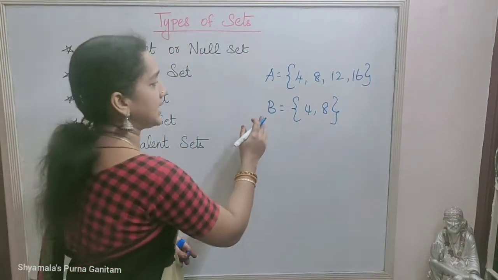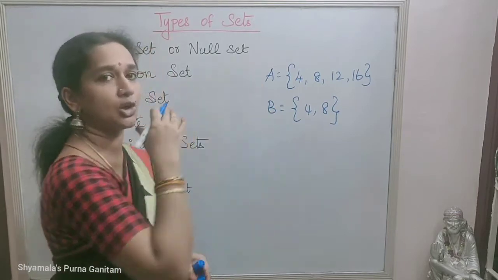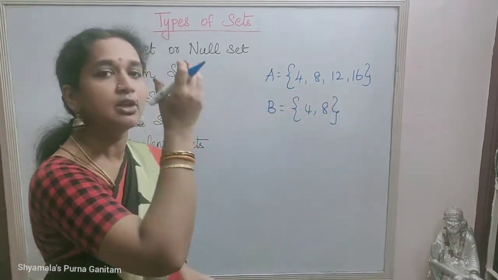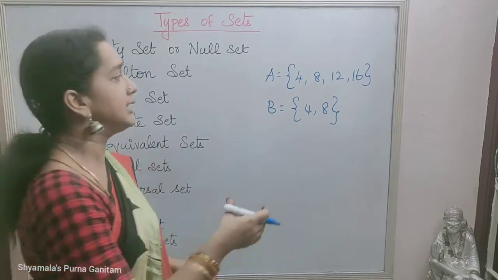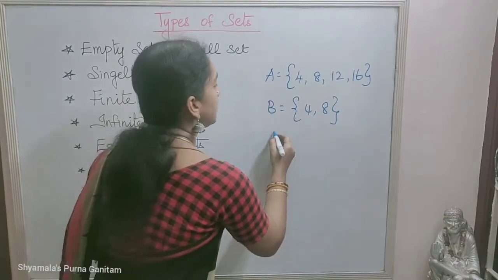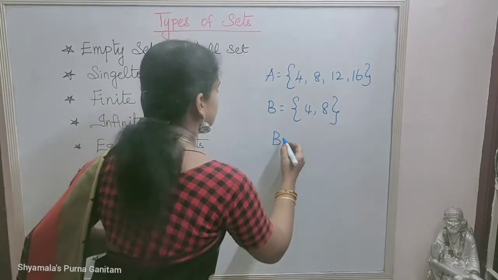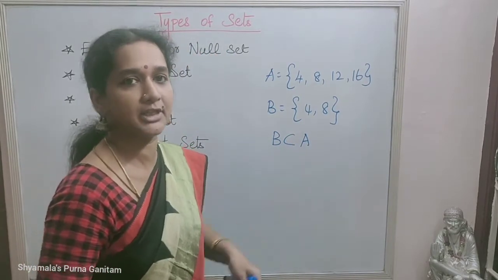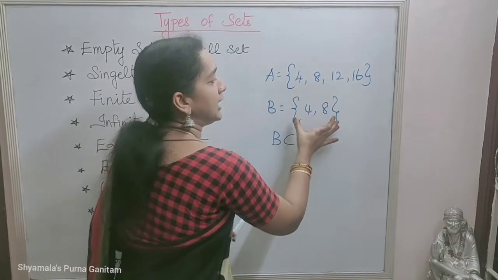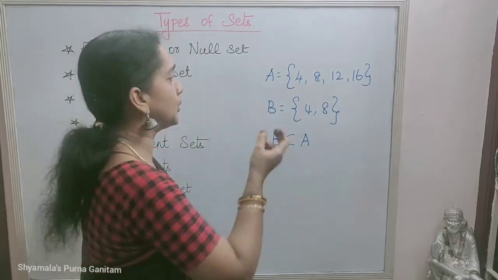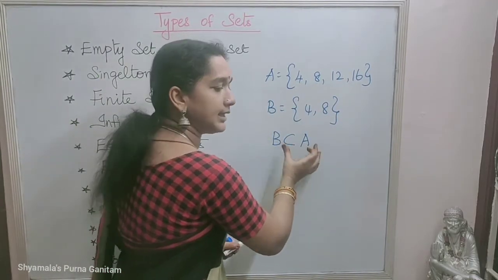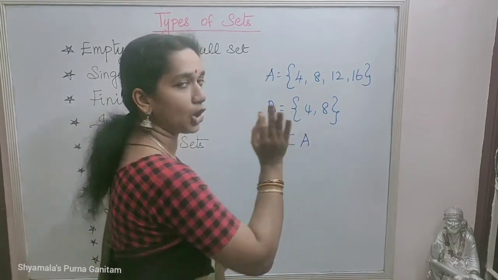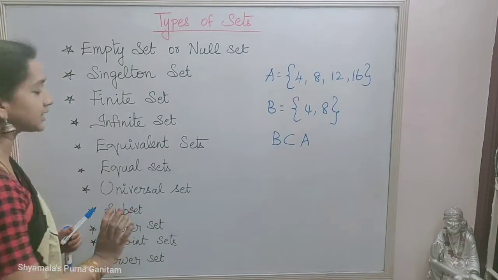So we will say that B is the subset of A. You should have some elements, not all the elements. Few elements you should have in the other set. We can write it like this: B is the subset of A. So that is the meaning of subset.